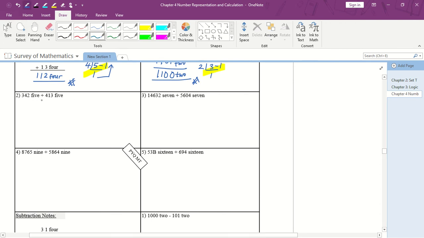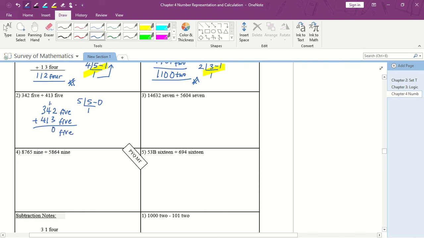342 base 5 plus 413 base 5. So 342 base 5 plus 413 base 5. So 2 plus 3 is equal to 5. However, 5 is not under base 5, so we need to change it to base 5, which is 1, 0. This is base 5.